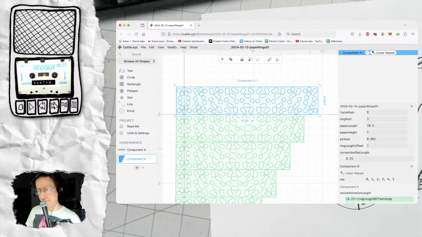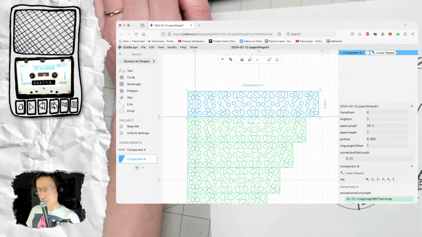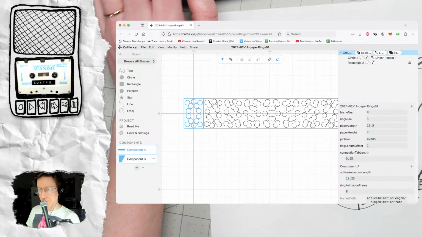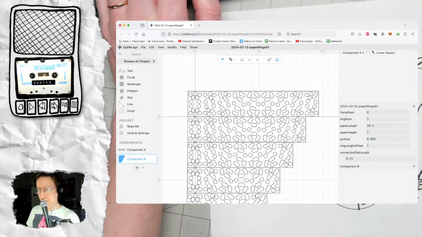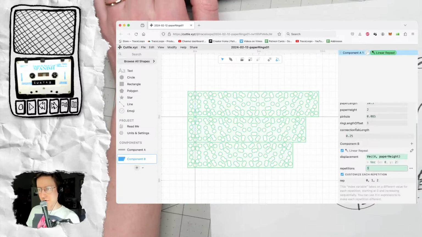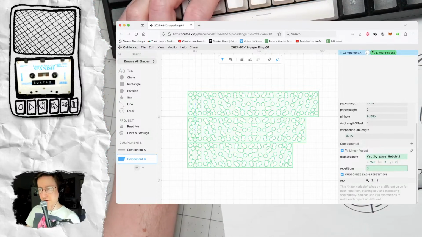Okay, it's only the exterior that needs more stuff. Now, okay, this works. It just takes me a minute to get in the headspace of it. Linear repeat. 3. Should be more than enough for me to start into for now.